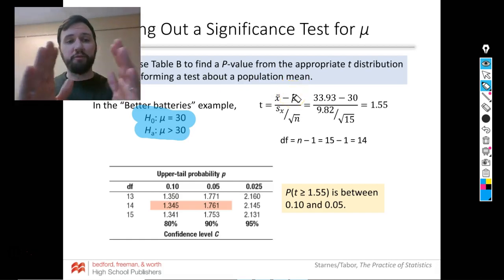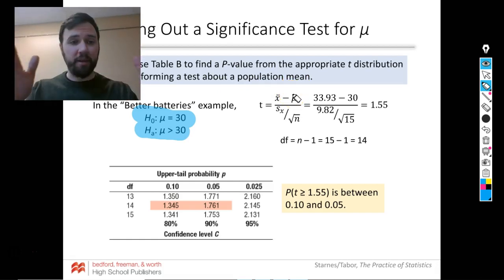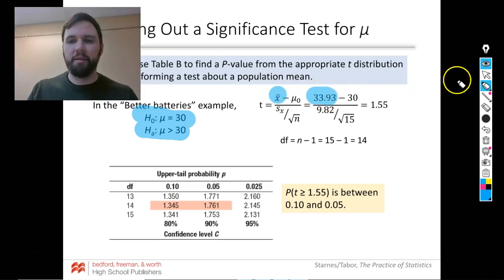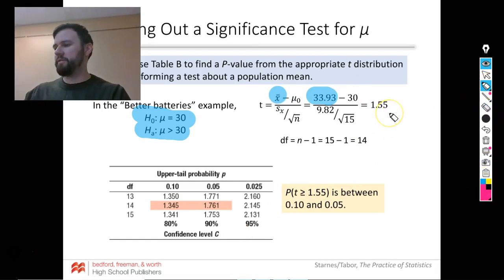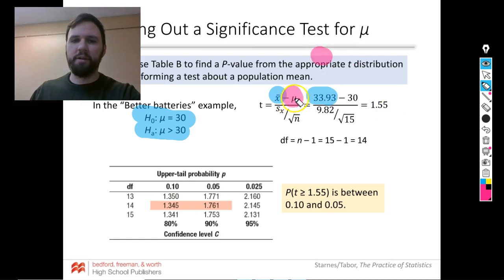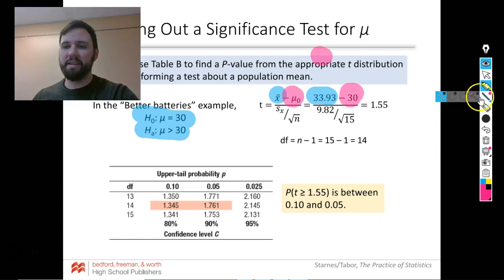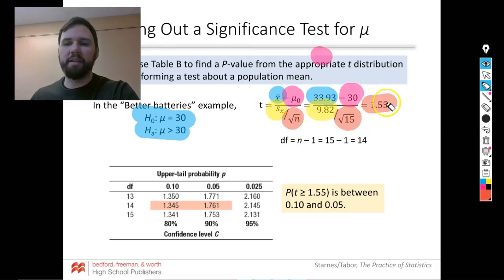With the actual stats from the battery example, the mean was 33.93, our null was 30, our sample standard deviation was 9.82, and our sample size was 15. So when we find t, we get 1.55.